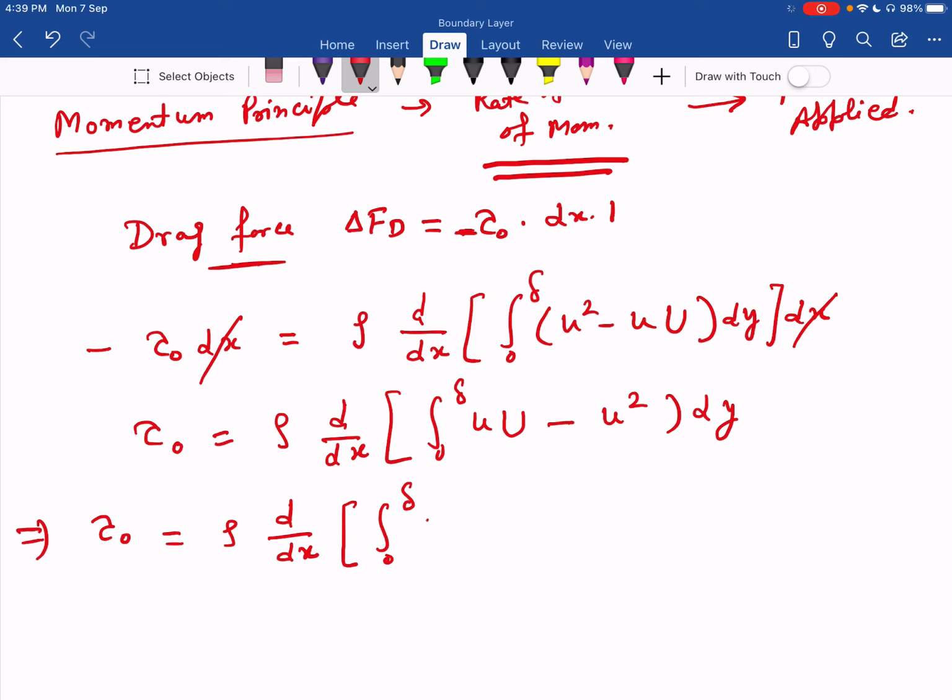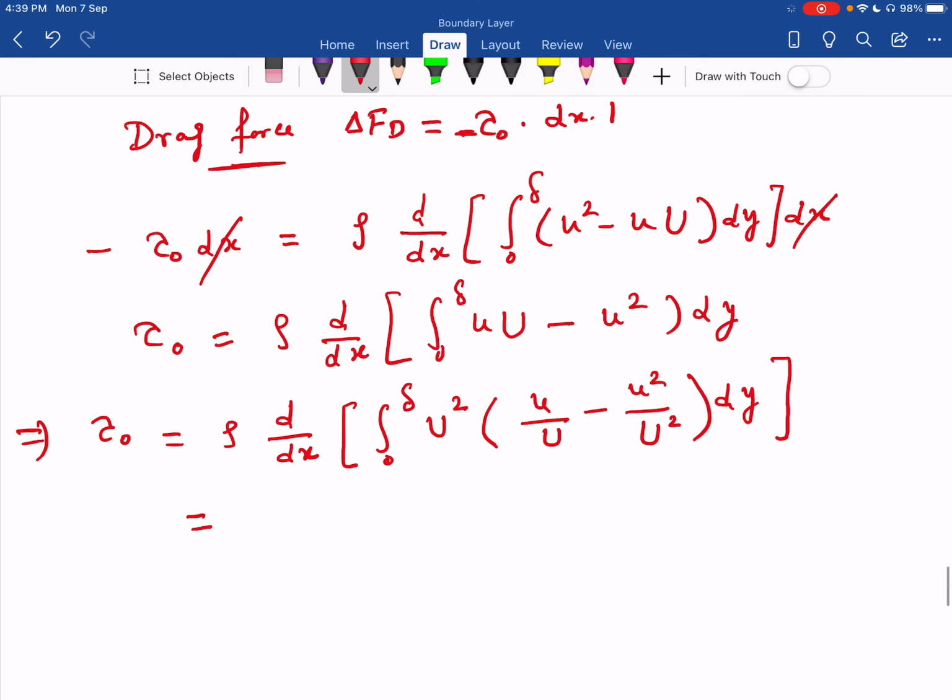Now take capital U square out from here: small u divided by capital U minus u square divided by capital U square, into dy. So again U is constant, and I can write rho U square d by dx of 0 to delta small u by capital U minus u by capital U into dy.